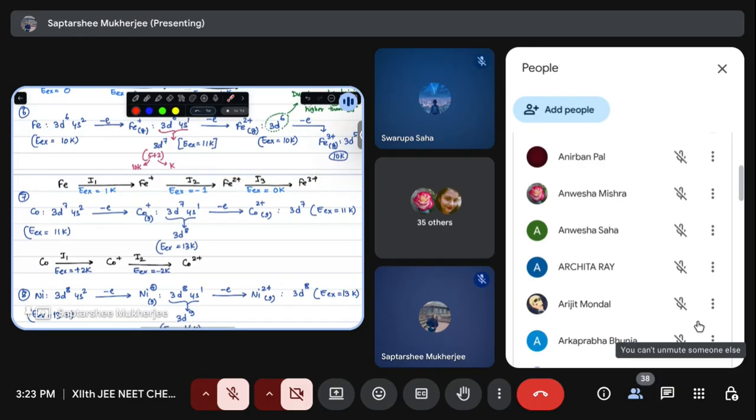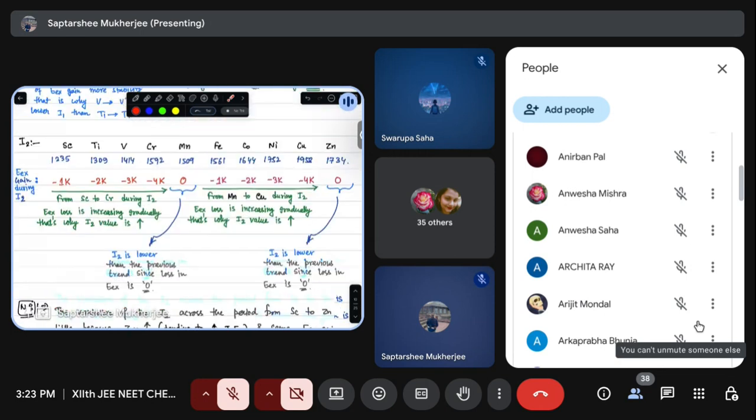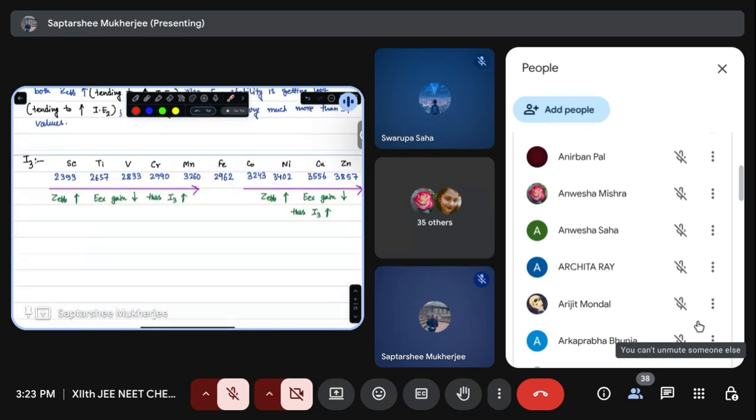For the remaining ones, during the plus 3 formation, it was a negative exchange energy gain. That means exchange energy stability was getting lost. But from iron plus 2 to iron plus 3, the loss in exchange energy is zero. Could everyone understand that part?